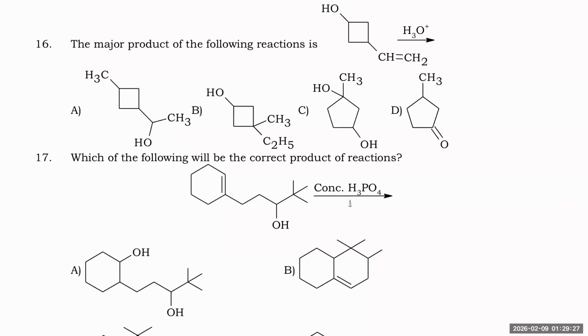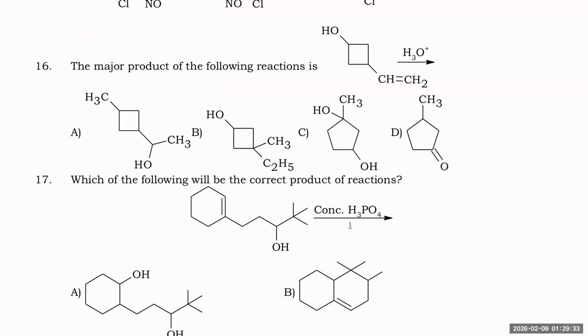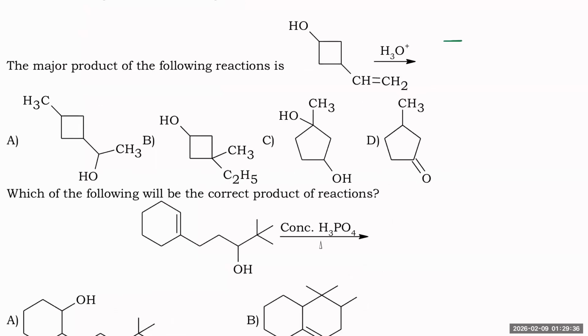Check 16. The major product of the following reaction is, okay, first you would have it this way with a carbocation forming at this position by Markovnikov addition. And now you can see ring expansion is possible.